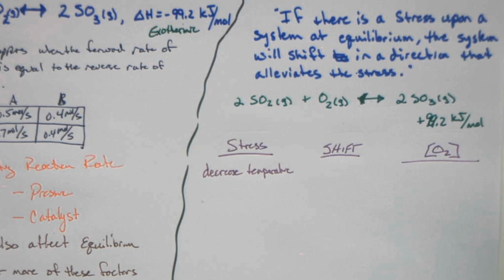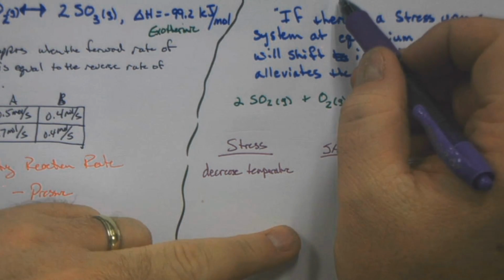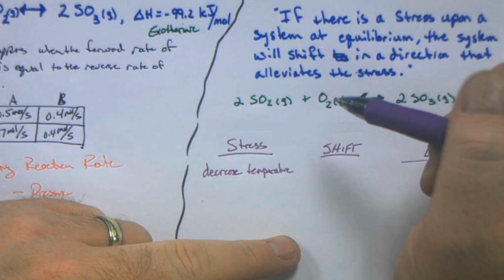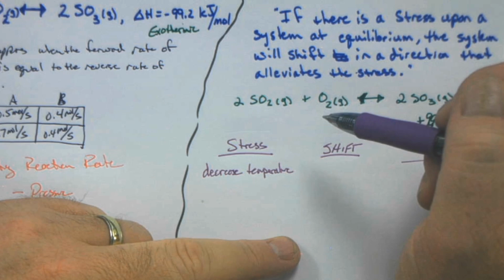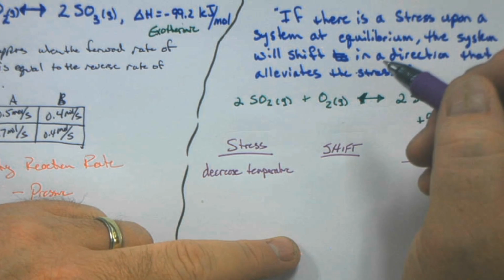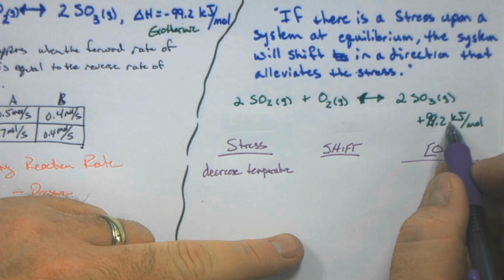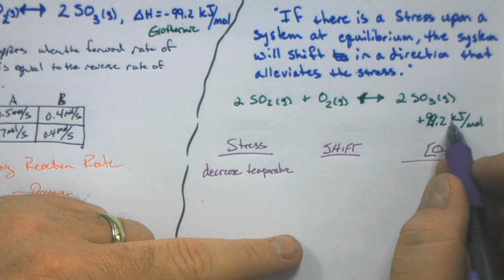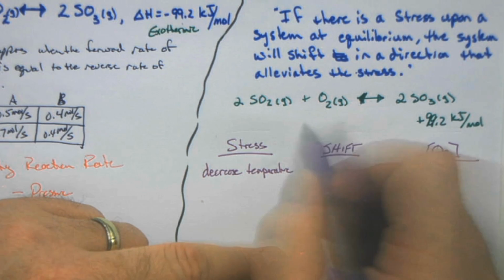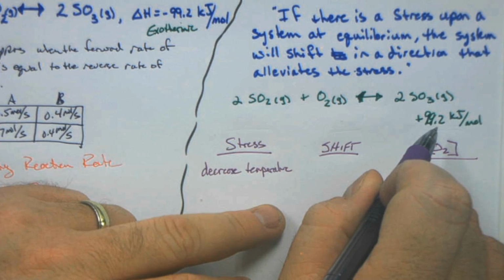Okay, if we decrease the temperature, I'll walk you guys through it. If we decrease the temperature, Le Chatelier, being the jerk that he is, wants to do what? He wants to increase the temperature, right? The way that he increases the temperature is by producing more heat. So to produce more heat in order to increase the temperature again, he is going to shift the reaction towards the side that produces the heat.